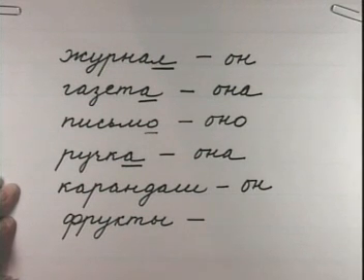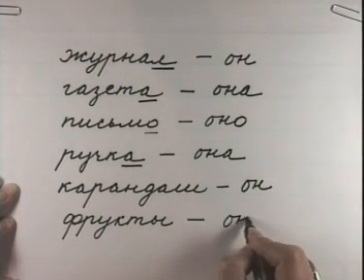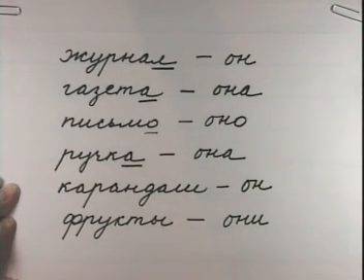Fruits. Masculine, feminine, neuter, or plural? It's a plural noun. So, which personal pronoun can we use instead of this noun in a sentence? Они. They. Plural nouns can be replaced with the pronoun они.